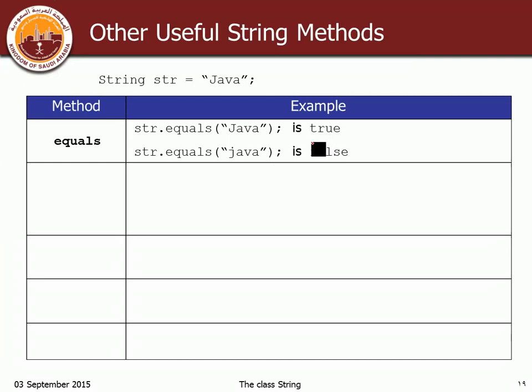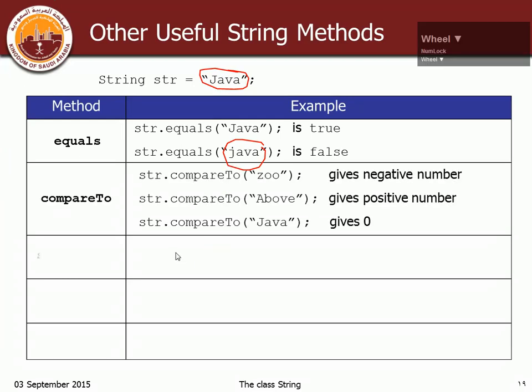Don't put too much effort into understanding this, because we're going to see this more when we are comparing using the ifs, for example, to compare texts. But I would like to make you understand that Java with the capital letter and with the lowercase is not the same. So if you try to compare them, are they equal? It's not going to be equal. They're going to be not equal if there's a difference in the capital.